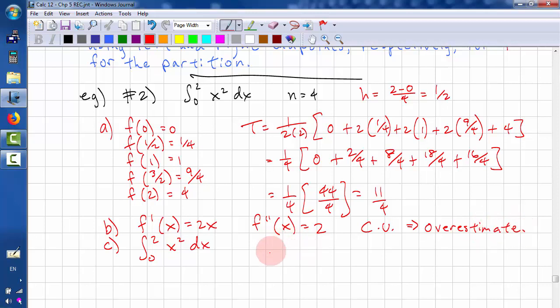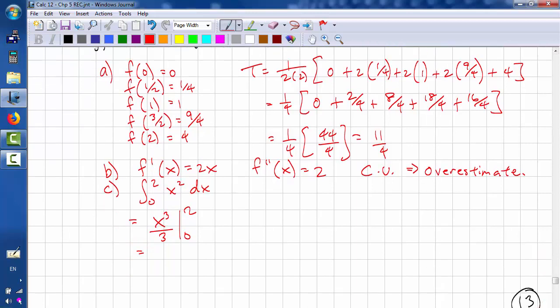Okay, let's calculate the exact definite integral. So we have x cubed over 3, and we're integrating from 0 to 2. So we have 8 over 3 minus 0. That's 8 over 3.